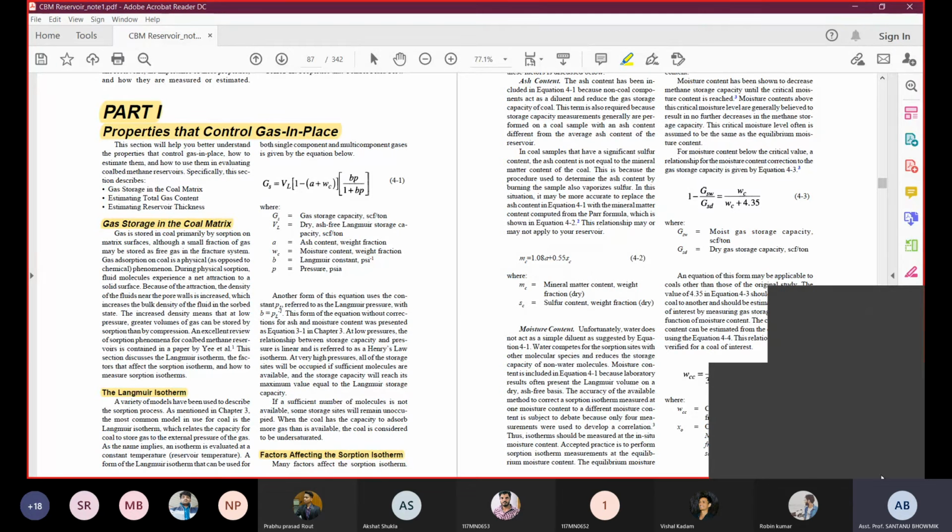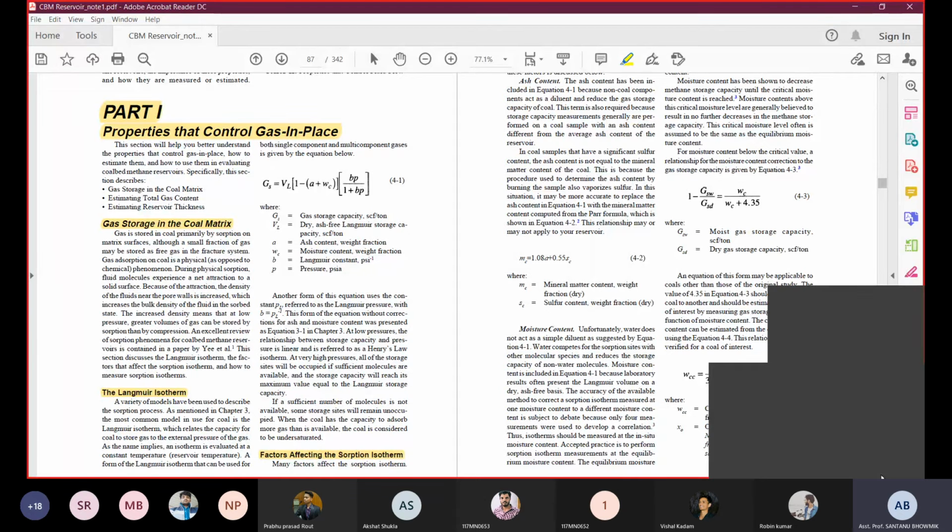Now, as you know, the gas is primarily stored in the matrix surfaces, in an adsorptive state. So the Langmuir adsorption is going to give you the idea, as you have seen earlier, of how much gas can be stored at a particular pressure and temperature condition, depending on the coal type, whether it is totally saturated or partially saturated.